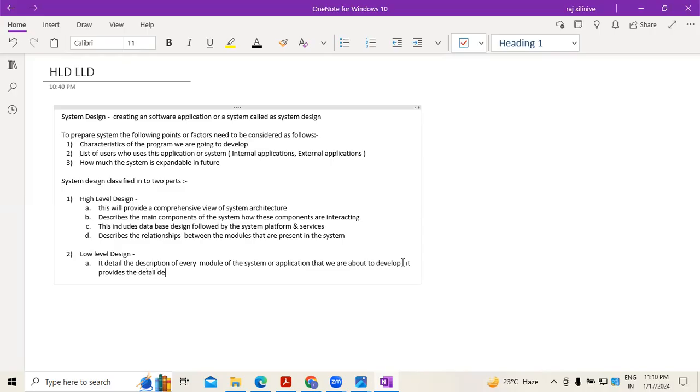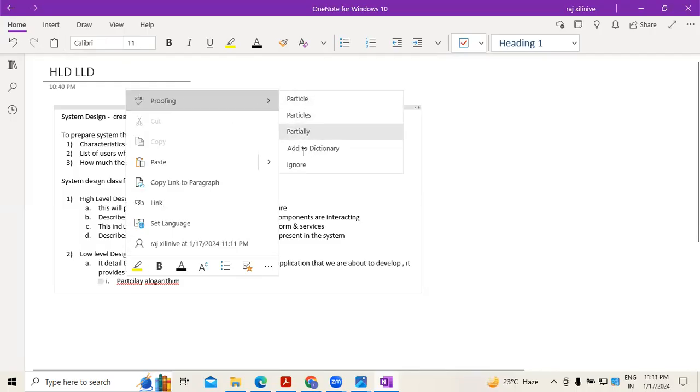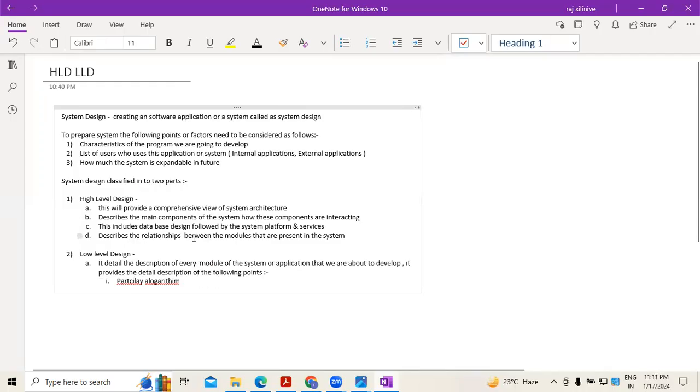the detailed description of the following points. What are those points we'll be focusing on? First of all, we must know the particular algorithms we are using to develop the logic for a particular project.